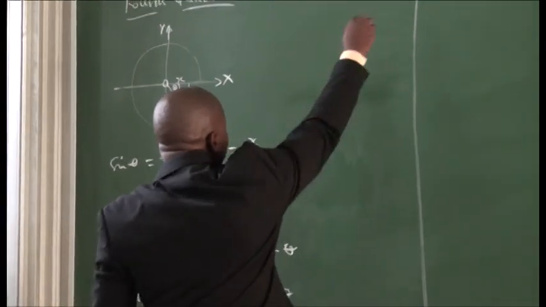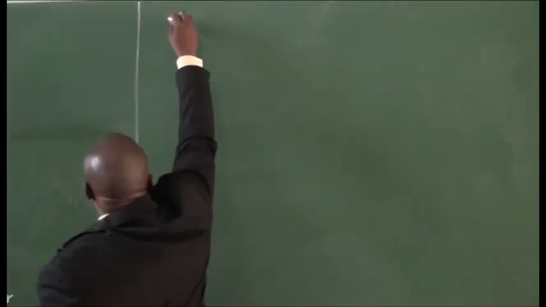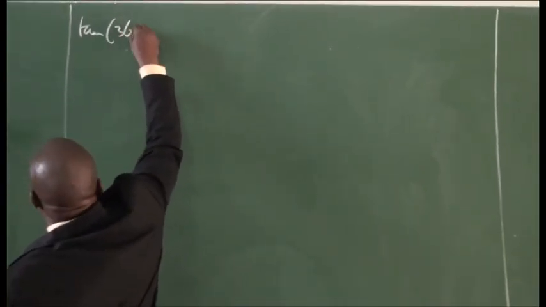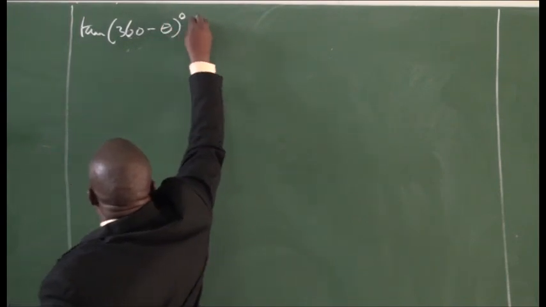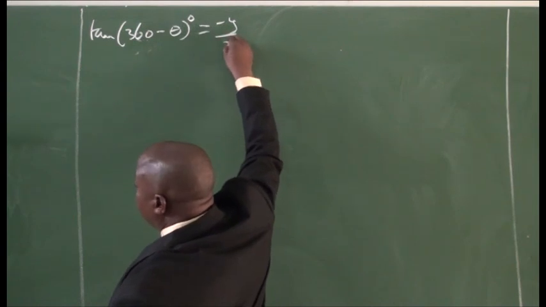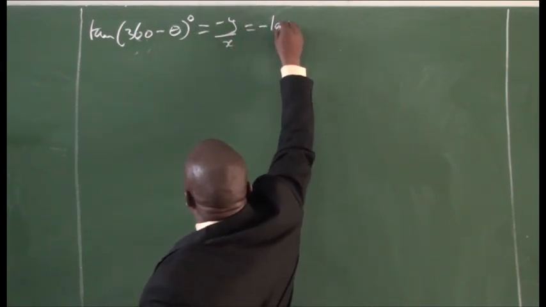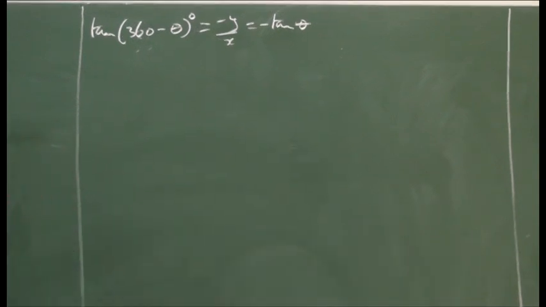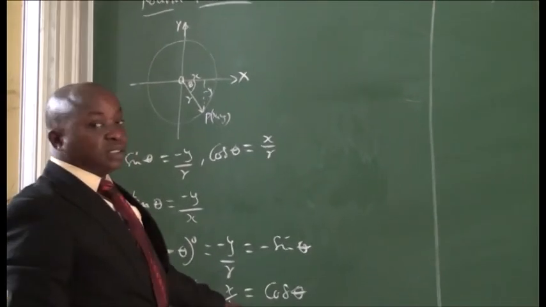Then we also have that tan of 360 minus theta equals minus y over x, which is minus tan theta. So in the fourth quadrant, only cos is positive.